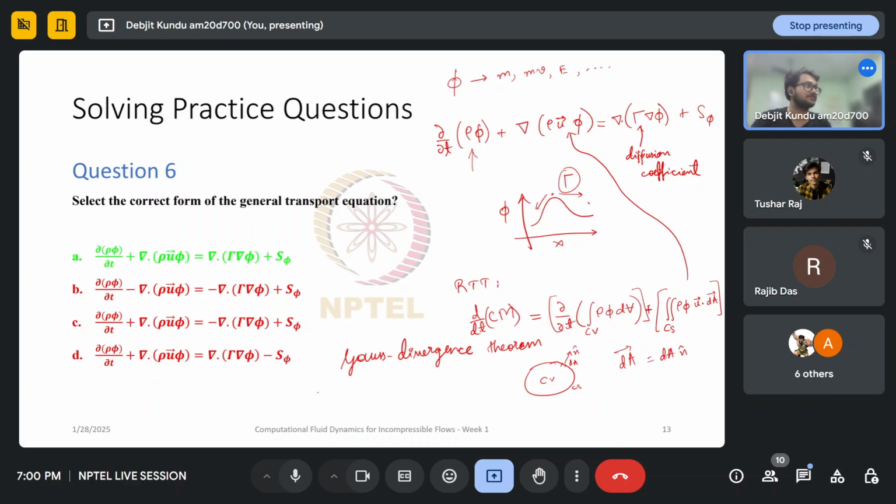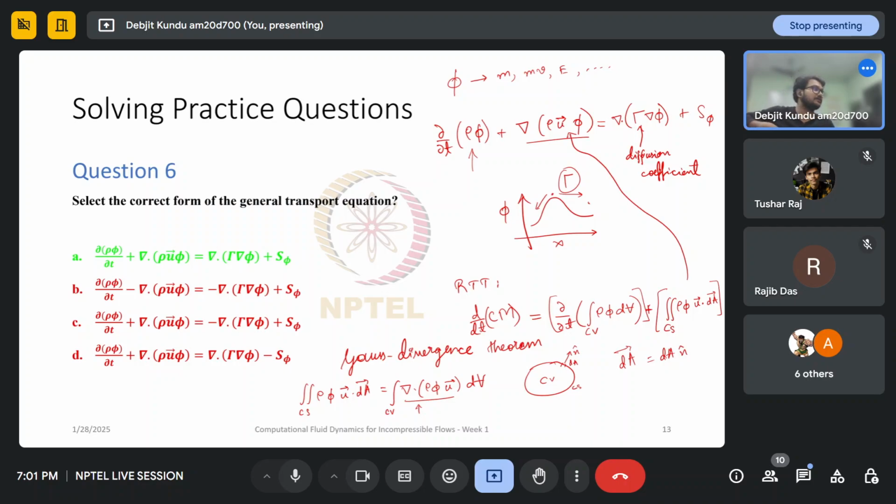The surface integral of rho phi u dot dA we can convert into a volume integral. We now take the divergence of rho phi u, and instead of dA, it becomes dV. So you can see how this term might emerge out of this term over here, right?